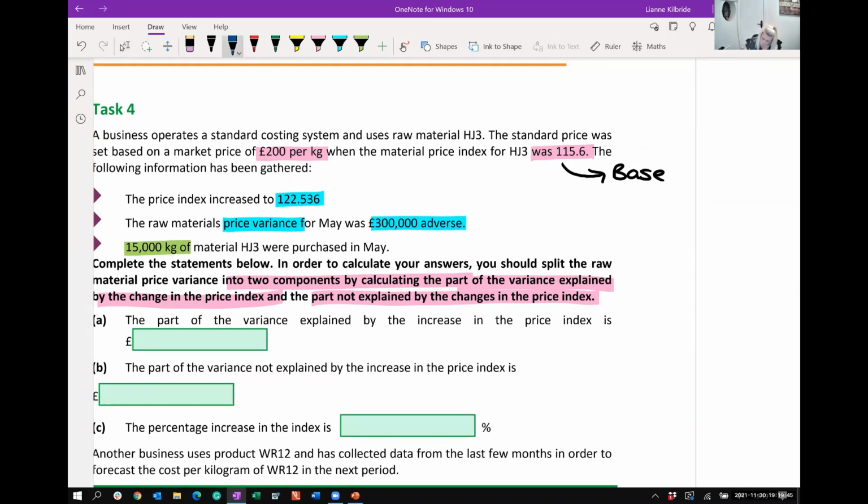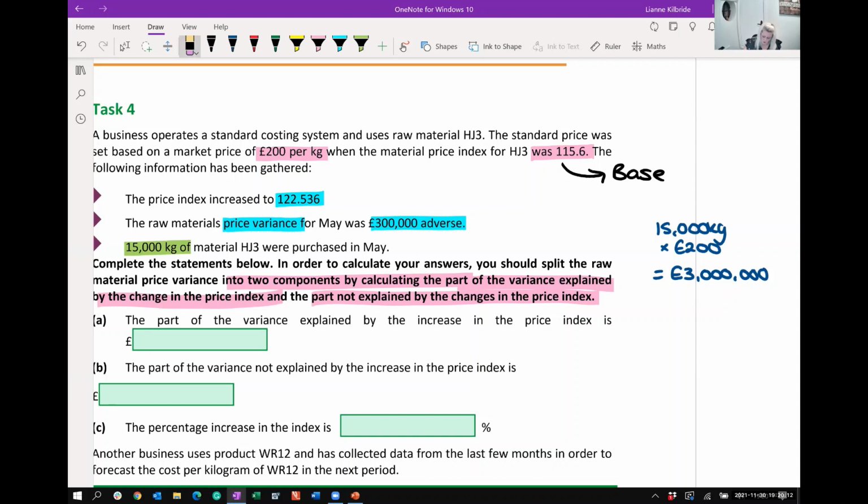If we have 15,000 kilograms of material, and we should have spent £200 per kilogram, what we should have spent is £3 million.